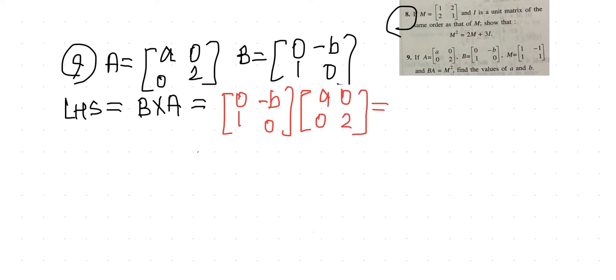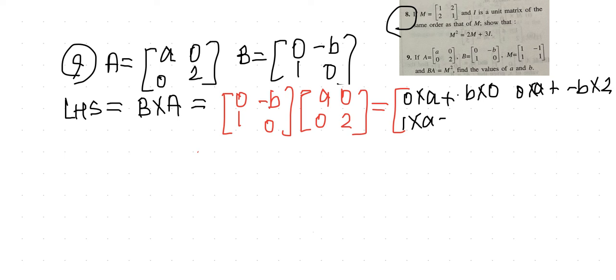Now we'll multiply. So this is equal to 0 into A plus minus B into 0, and here it will be equal to 0 into A plus minus B into 2, and then here I'll be having 1 into A plus 0 into 0, and then here 1 into 0 plus 0 into 2.